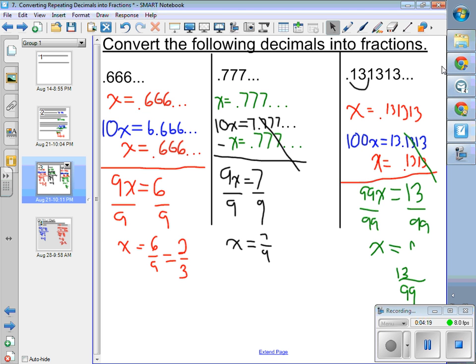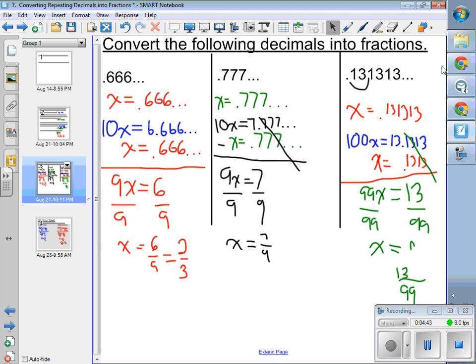All right, so this one we have 0.13 repeating. So we're going to have to multiply it by 100 in order to get the repeating portion in front of the decimal. So we get 100x equals 13.1313 repeating. And then we have x equals 0.1313 repeating.